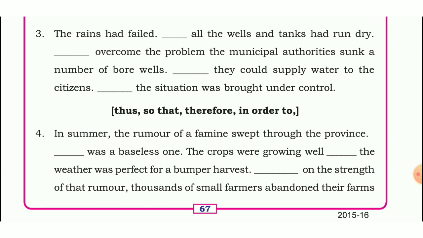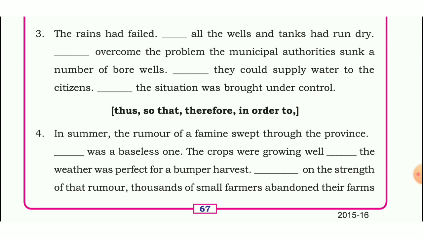So what are the linking words which are given in the bracket? Thus, so that, therefore, in order to. The rains had failed. Dash all the wells and tanks had run dry. So which is the right linker there? Therefore. Therefore, all the wells and tanks had run dry. Look at the next one. Overcome the problem, in order to. So we have to understand when there is overcome, then there should be in order to.